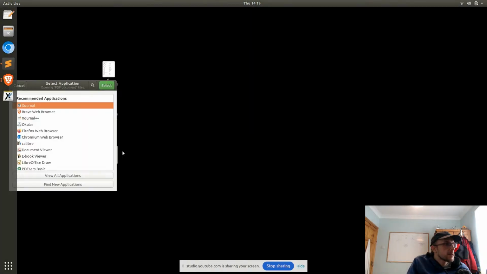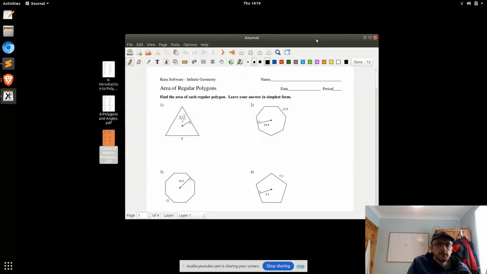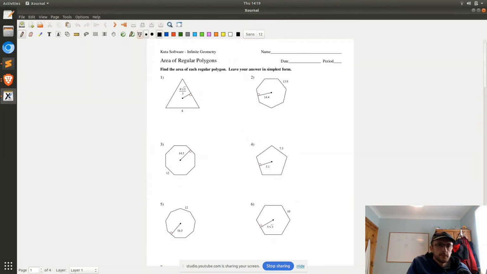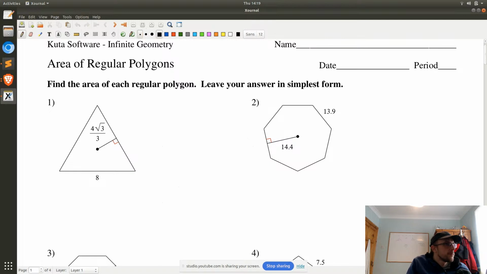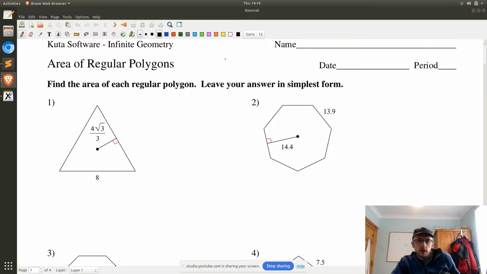And next up, looking at areas of regular polygons. And there are 18 such problems. Find the area of each regular polygon.